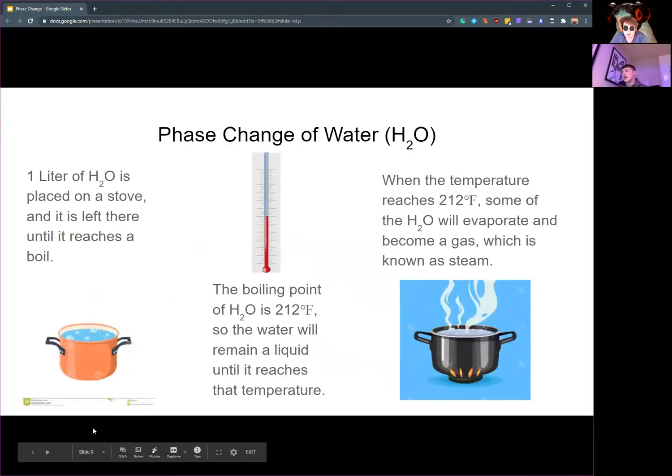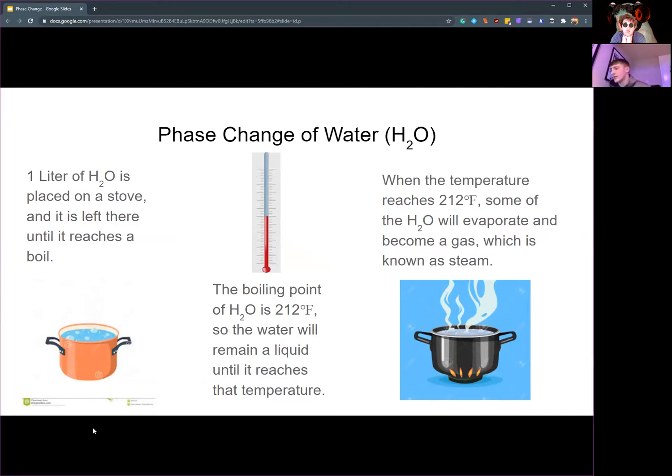So here's a hypothetical situation of phase change. Filling up a pot with liquid water, it's placed on a stove, and the heat is turned on. The boiling point of water is 212 degrees Fahrenheit. So you leave this pot of water on the burner until it reaches 212 degrees Fahrenheit.